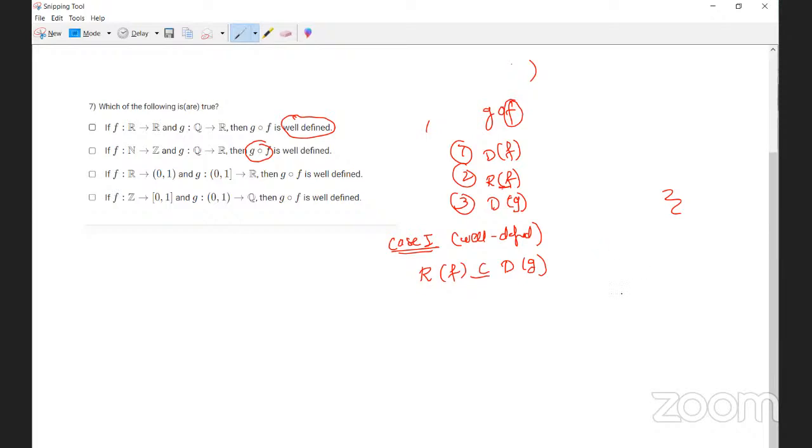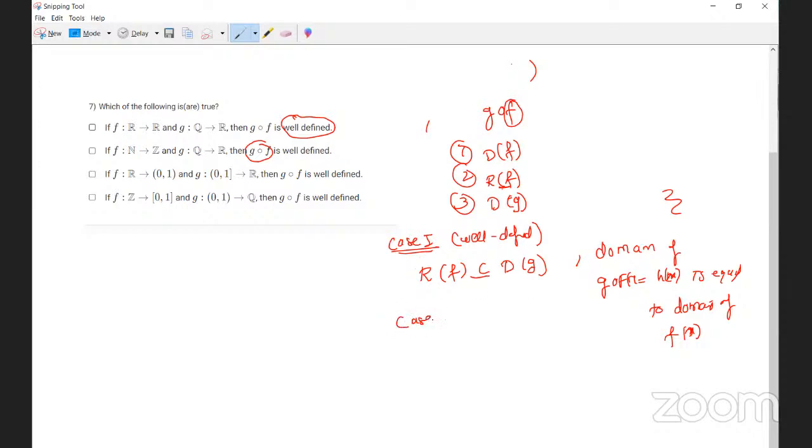Then I can say that the domain of this, say g of f of x equals h of x, is equal to the domain of f of x here. So the composite function is well defined for this particular condition.